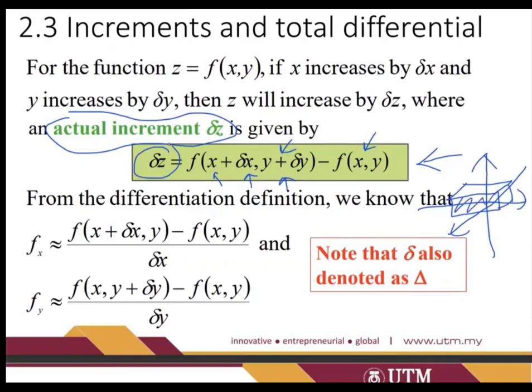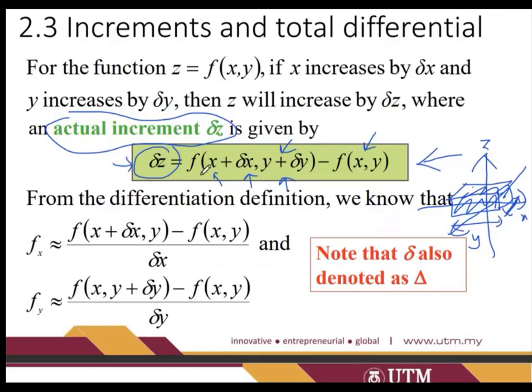This is x, y, z. You add the length for x, from small become big, and then y also, the length of y. And then you will know what happened to del z: the increment for del z is like this.